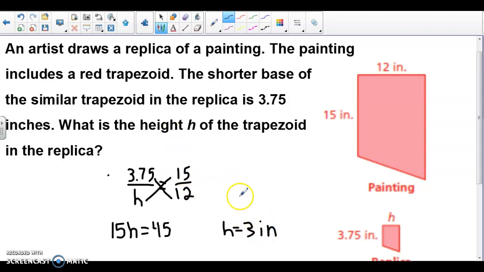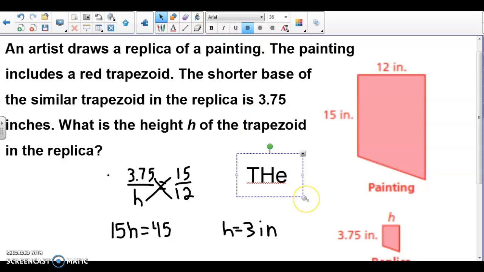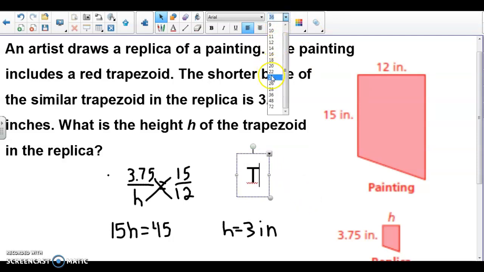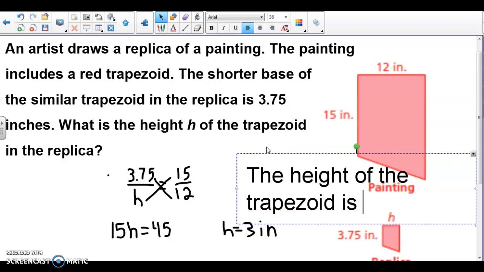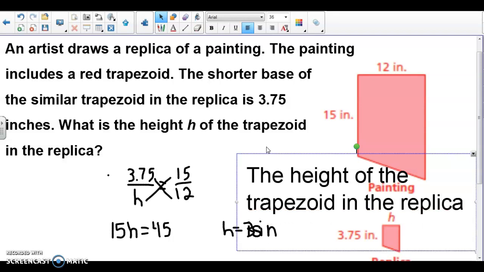Alright, so since it's a word problem, I would just write out a little sentence here. I would write the height of the trapezoid in the replica is 3 inches.